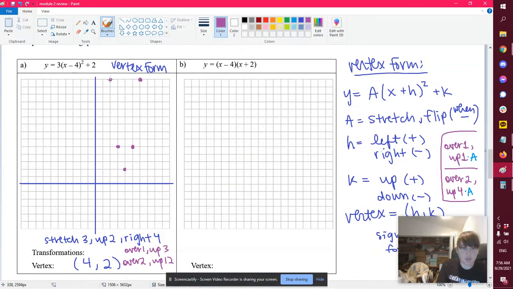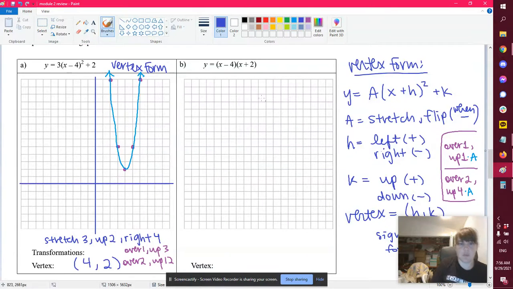So that's my point here, and that's my point here. And now I can just connect the dots. Vertex form's the best one. I'm not gonna lie. It comes in clutch.